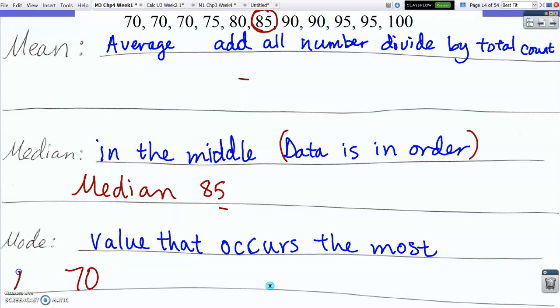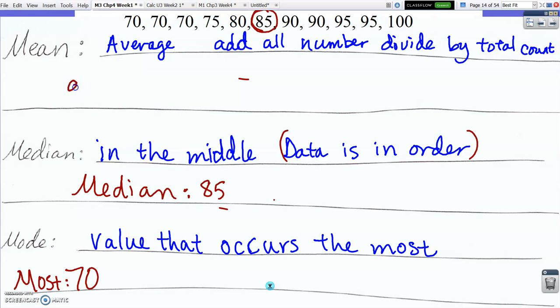5 from each end. There's the median. Okay, and again, this is most, or mode. Okay. Then we have the mean, and the mean is the most complicated. We have to add up all our numbers, which we, of course, would do on a calculator. And so I'm using a handheld calculator instead of one you can see. Sorry about that. 70 plus 70 plus 70 plus 75 plus 80 plus 85 plus 90 plus 90 plus 95 plus 95 plus 100.